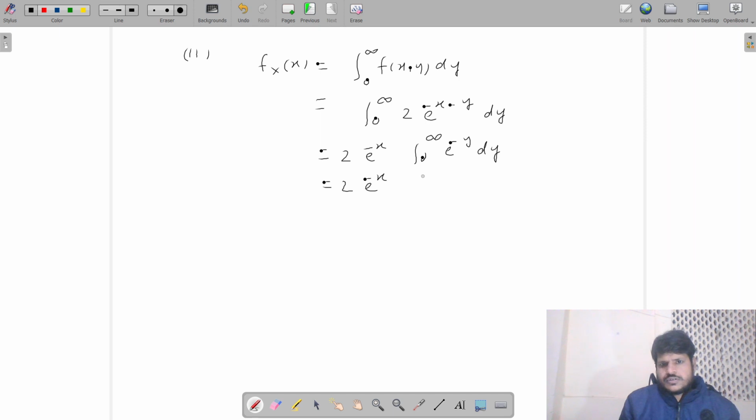Now this becomes minus e raised to power minus y, limit 0 to infinite. So this gives 2 e raised to power minus x only. You can put e to the minus 0 minus 1 and that is plus multiplication. Similarly the third one.